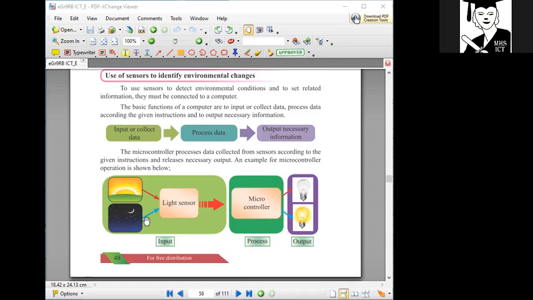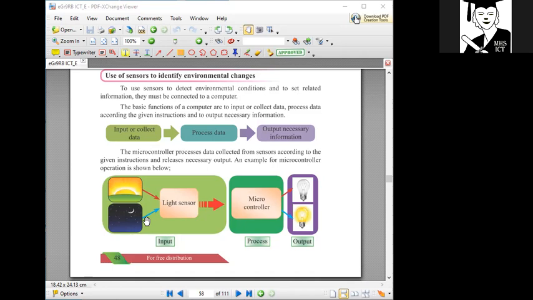That information goes to the microcontroller. Then the microcontroller, according to the information given by the sensors, processes it to activate it. After activating, it gives us the result as output. If the input says it's daytime, the microcontroller activates the output to switch off the light.